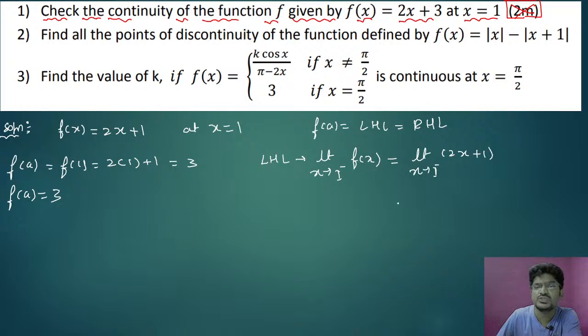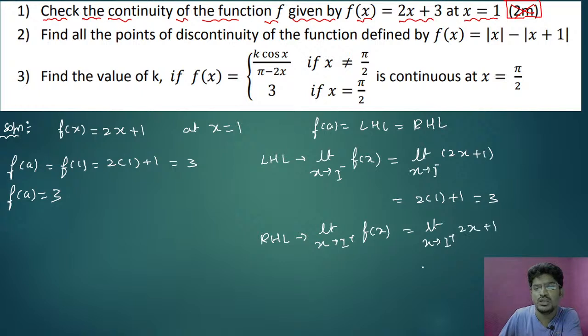The x value is 1, so it will be 2 into 1 plus 1, that is 3. See, f of a is 3, LHL is 3. What about RHL? RHL is limit x tending to 1 plus of f of x, again 2x plus 1. Therefore again this is 2 into 1 plus 1, that is 3.